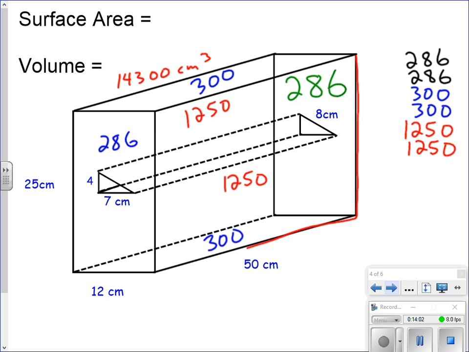And I'm going to have to add the other 3 panels. This is one panel, which is the hypotenuse of that little right triangle, which is 8, and times it by 50. So 8 times 50 is 400. So this panel would be 400. I'm going to add that. It's an inside panel. And this panel in here is 7 by 50.